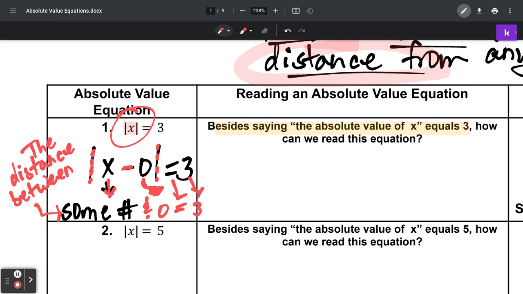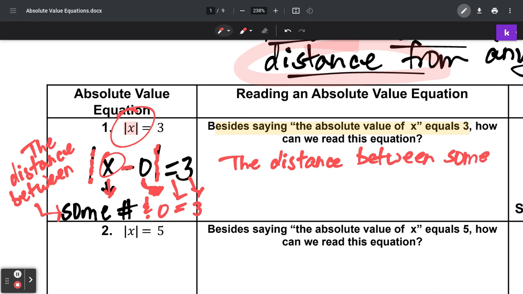So when we see these absolute value symbols, we're going to say the distance between, and then we can go with what we see on the inside. On the inside, I see an x. And so instead of saying x, we say the distance between some number and what other value?